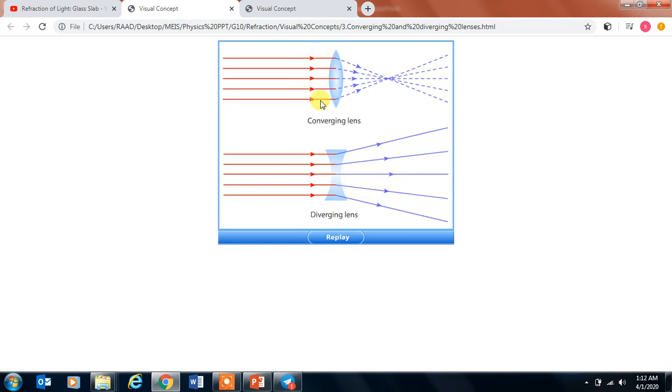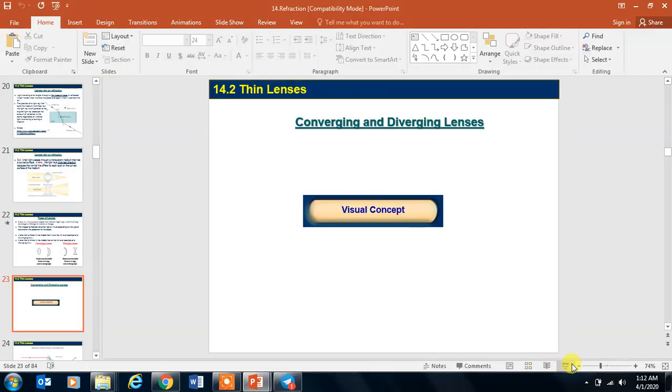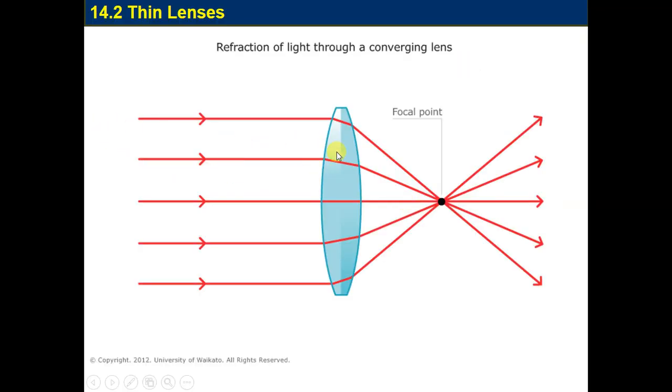Okay, so here girls, when using a converging lens, if we use a very distant object, what do you remember about a very far object? We said the rays coming from it, such as for example the sun, because they travel a very long distance, when they reach our lens, they appear to be what?